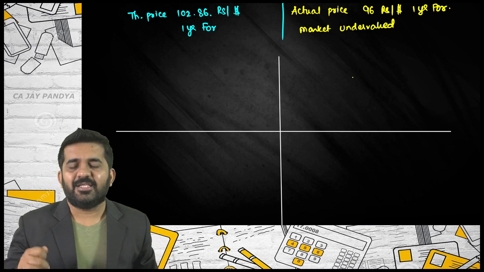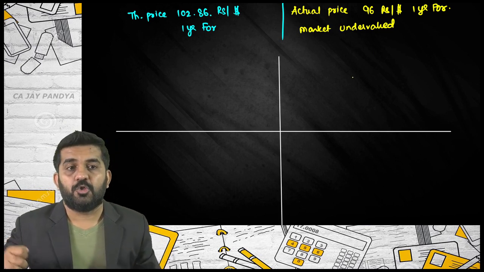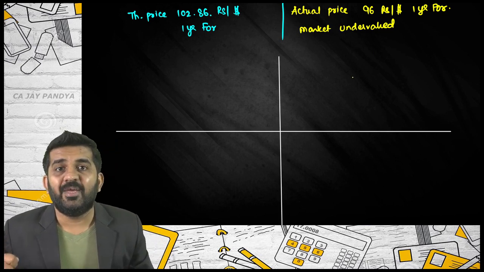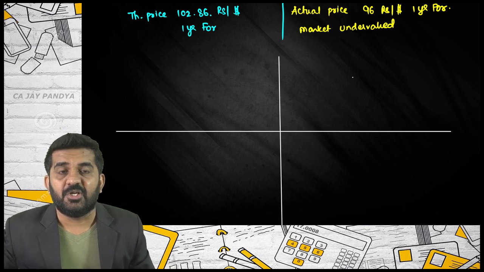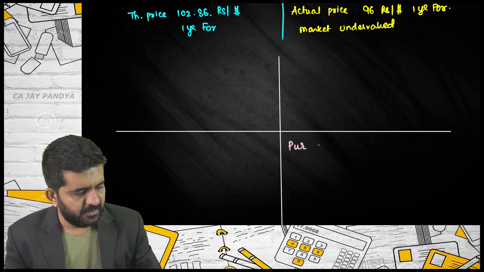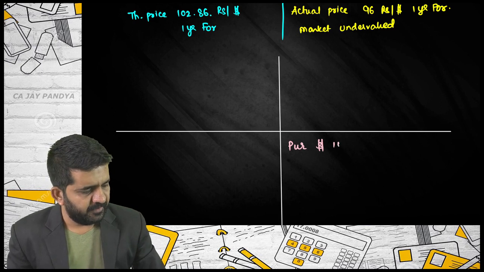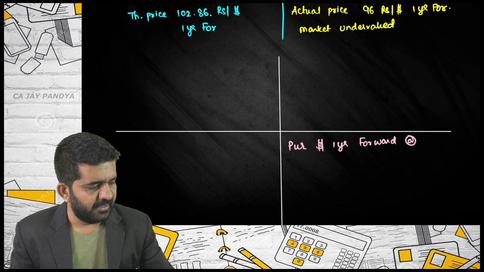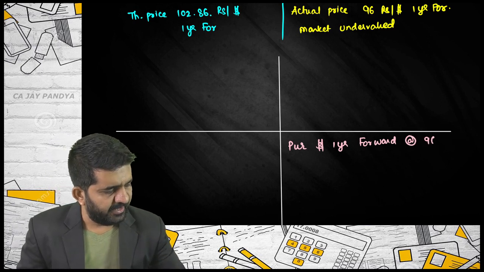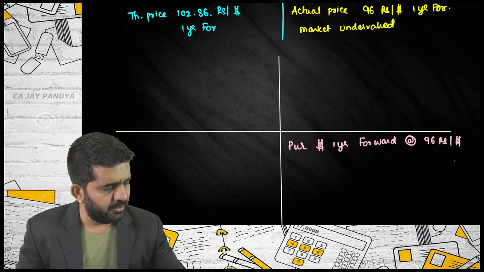If the market has undervalued, try to understand what you should do. You should always purchase the thing which is undervalued by the market. Purchase a dollar in 1 year forward at a rate of 96 rupees per dollar.